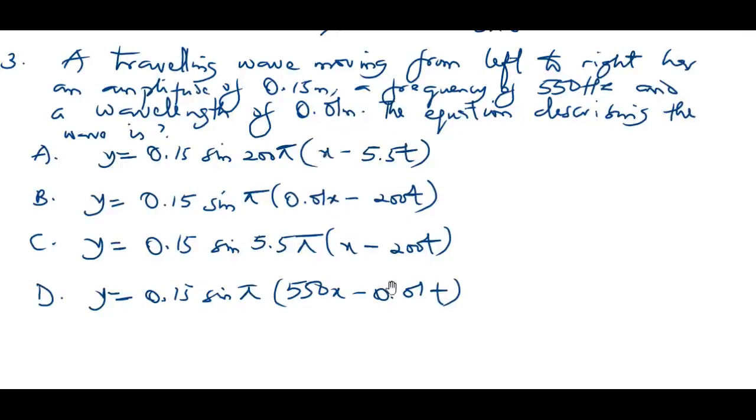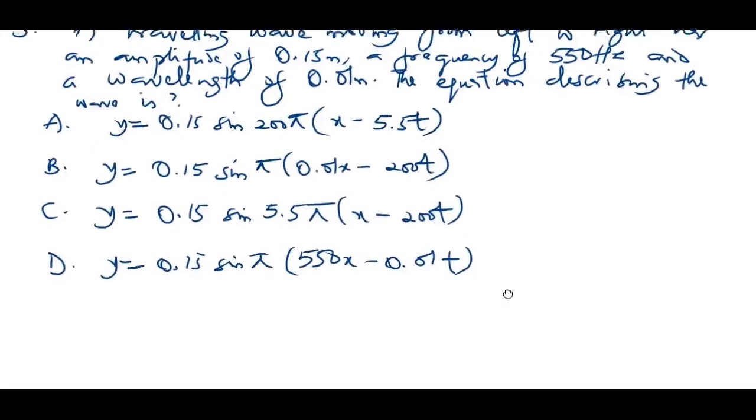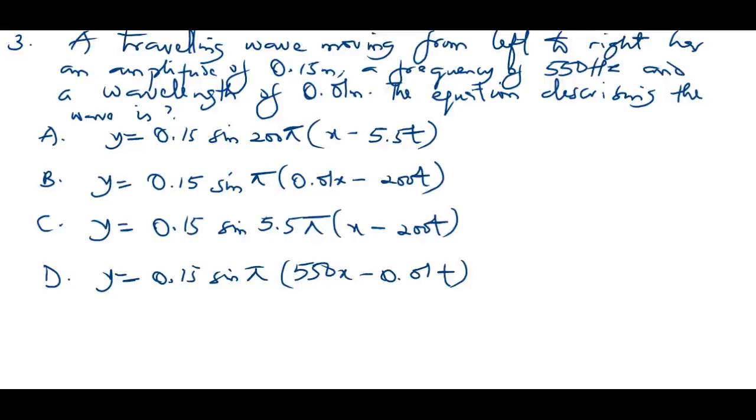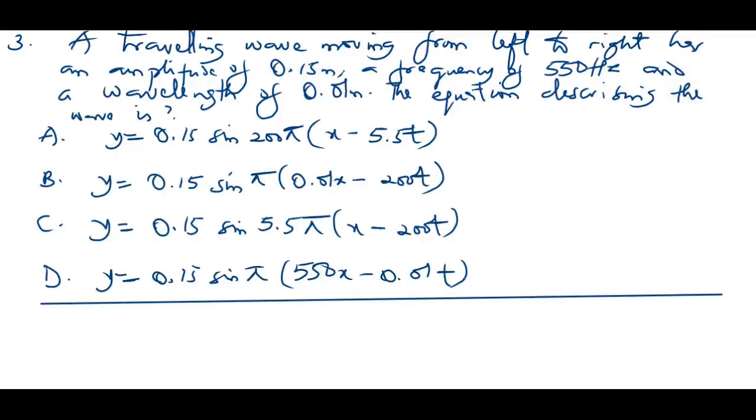The equation describing the wave is... Now, for us to know the equation describing the wave, let's first write out our parameters. All right. So we're given amplitude, that's A. We're given A to be 0.15 meter. We're given frequency to be 550 Hz, and we're given wavelength lambda to be 0.01 meters.